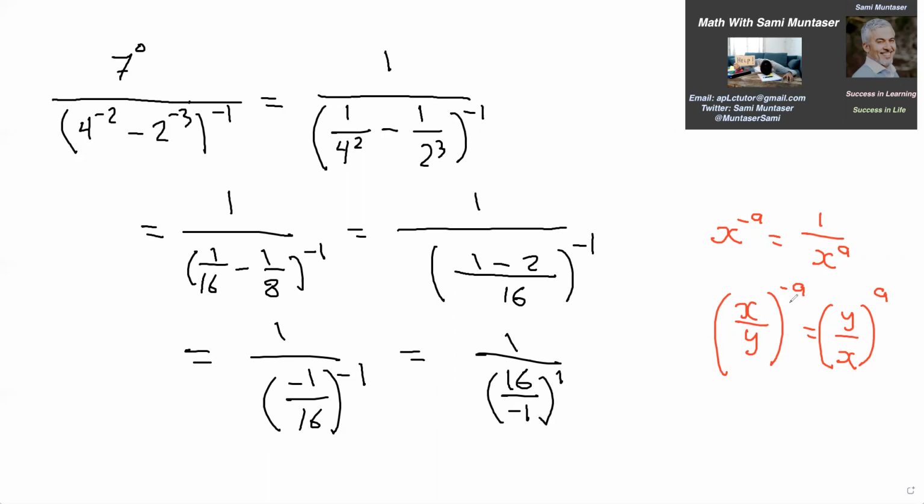Now we resorted to this rule where if you have a negative exponent outside and you have one fraction inside, you could flip it and make the exponent positive. Sorry, and that's a 1, not 2. So that one, you don't really need to write it. And 16 divided by negative 1 is negative 16. So your final answer will be 1 over negative 16. I prefer writing it as negative 1 over 16. We don't like writing negatives on the bottom of a fraction.